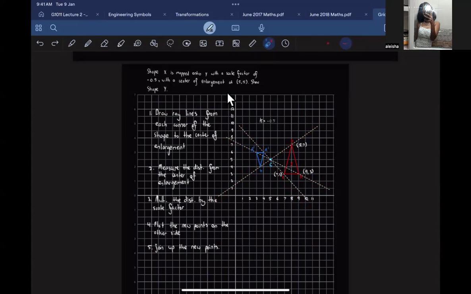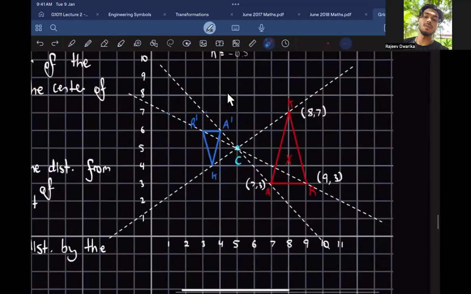So put on your center of enlargement, and then draw lines from the corners of your shape passing through the center. In this situation, K passing through C, R passing through C, A passing through C. You understand?